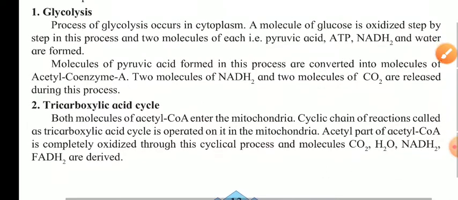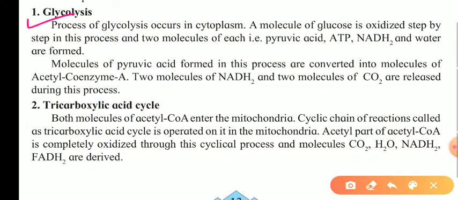In the first step, which we call glycolysis, the process occurs in the cytoplasm of the cell. First of all, the important part, it occurs in the cytoplasm. A molecule of glucose is oxidized step by step, and two molecules of each are formed: one is pyruvic acid, one is ATP, and one is NADH2.